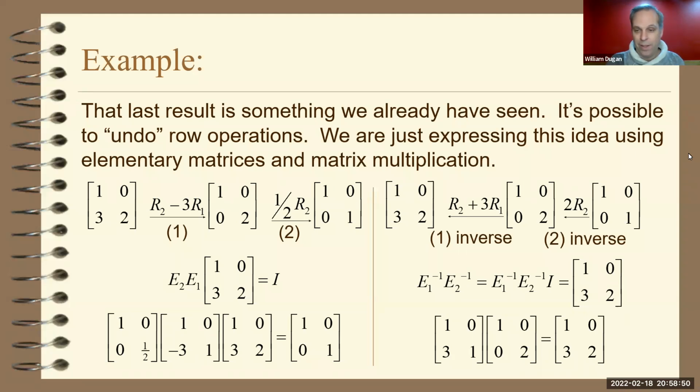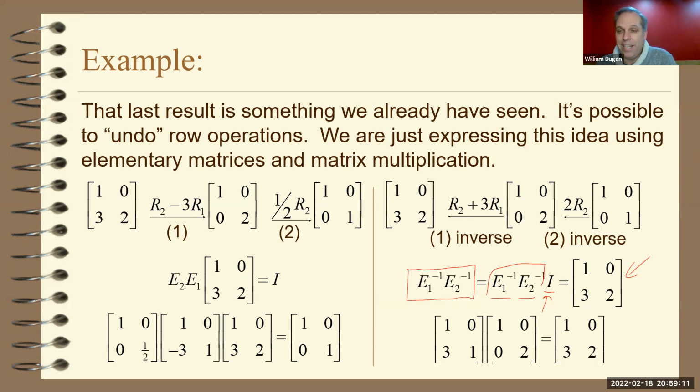I wrote down that the identity matrix, when I apply these row operations expressed as matrix multiplication, gives me the original matrix. Notice, though, that these things are multiplied to I. So the original matrix is this product of elementary matrices.